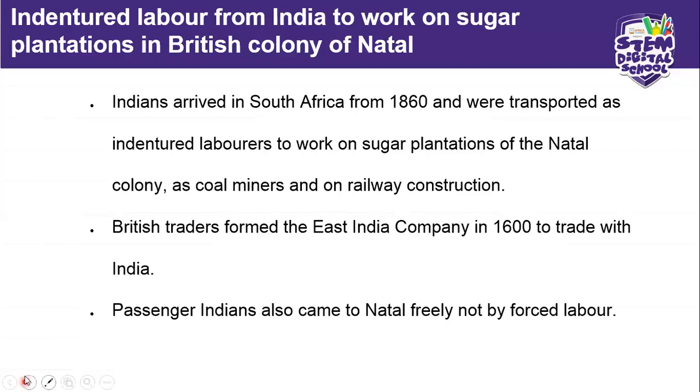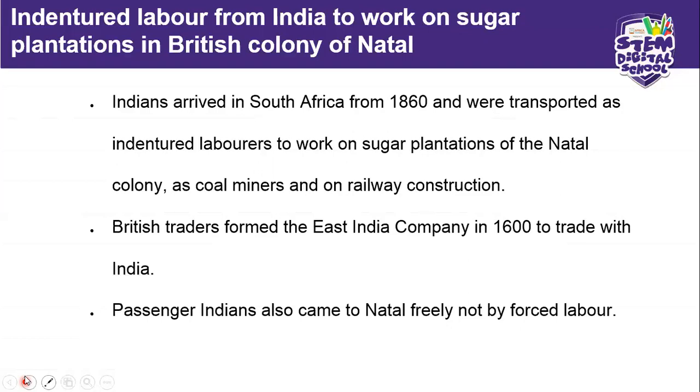Okay, and then we look at indentured labor from India to work on sugar plantations in the British colony of Natal. Remember, we looked at the term indentured labor. These are people who are forced to work. So these people were coming from India, the indentured laborers.